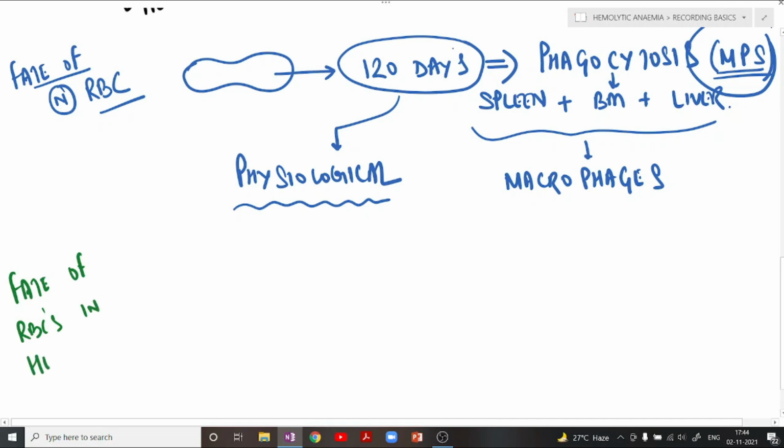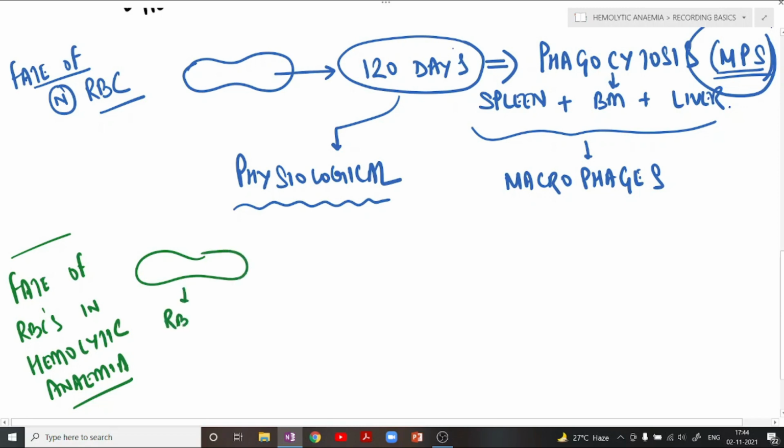The first important thing that we have to understand is that there is a premature destruction of the RBC. Premature destruction of RBCs occurs.